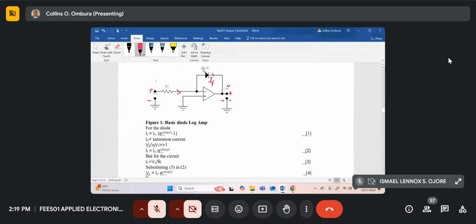So the positive side of Vf is the same as connected to the minus side of the op-amp, and the same as if it's connected to the non-inverting input, because the minus side of the op-amp acts as a virtual earth.